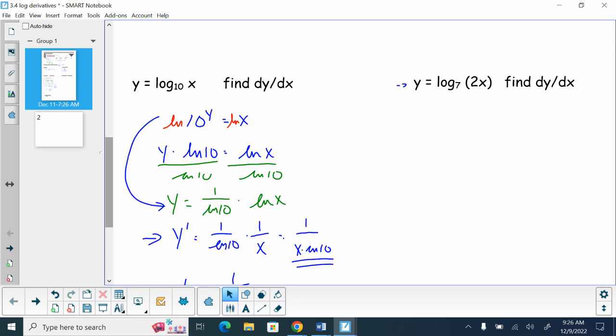So we have 7 to the y is equal to 2x. Take the ln of both sides.